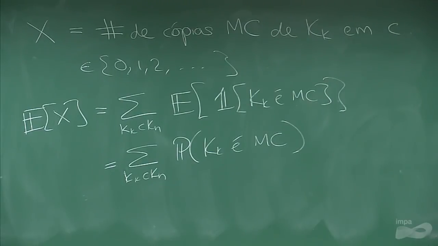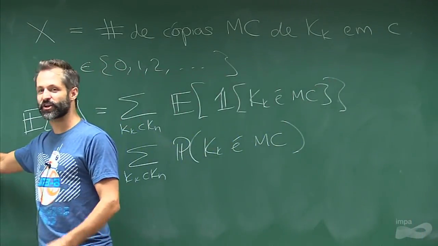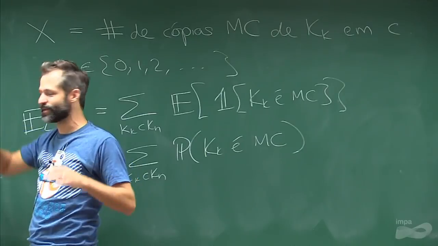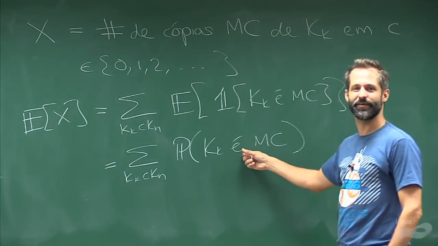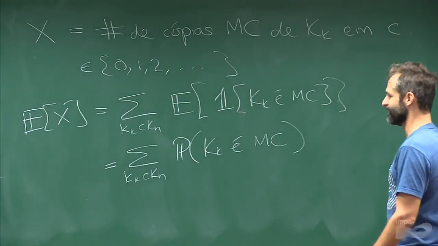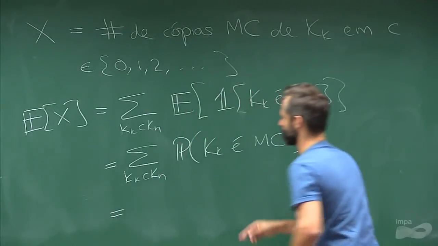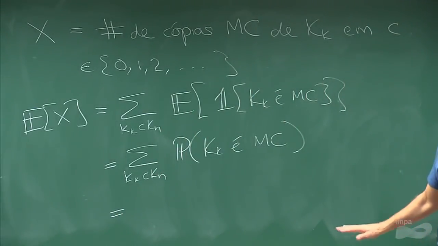Okay, so now we know what the expectation is. It's just a sum of things we understand, of probabilities that maybe we can calculate, because instead of it being something weird with crazy numbers of K_k's all interacting with each other, now it's just one of them. What is this probability? We can say exactly what it's equal to.